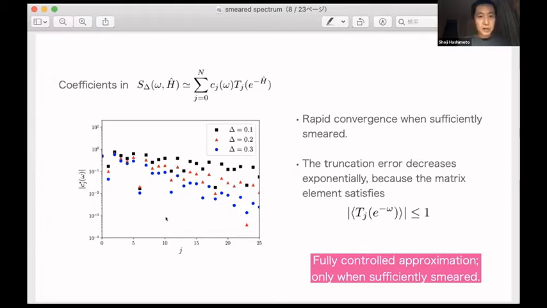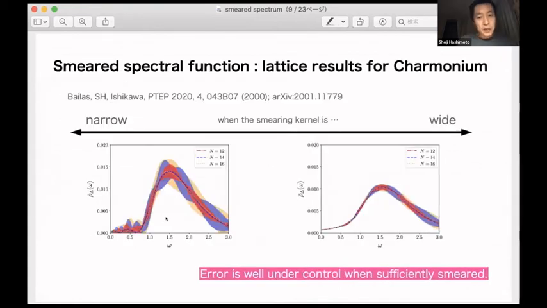On the other hand, going to narrower smearing, you can see that the coefficient doesn't decrease much. That means that the remaining error is still large. So the ill-posed inverse problem manifests itself in the decrease of the coefficient there. Okay. So we did it.